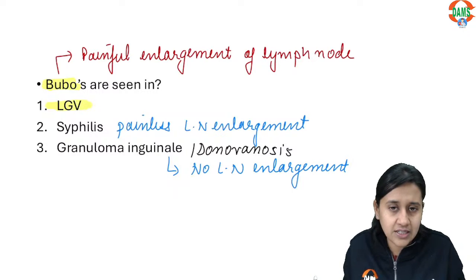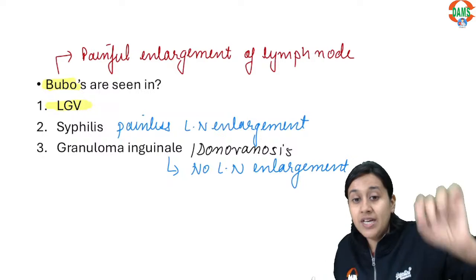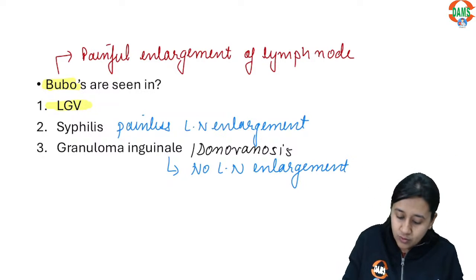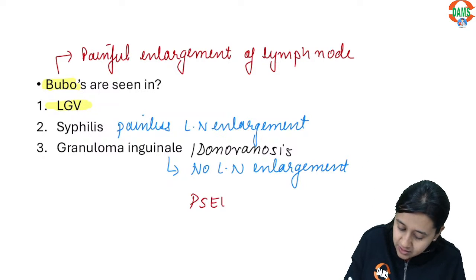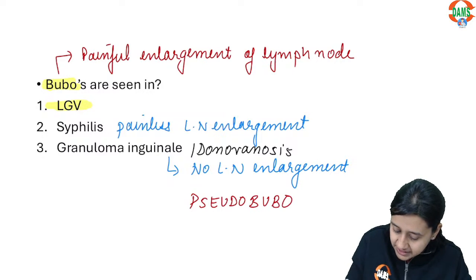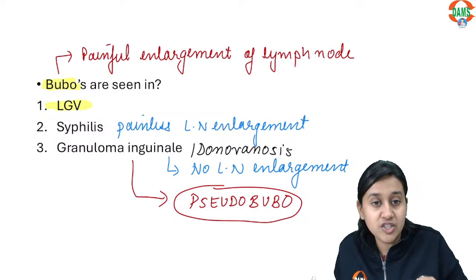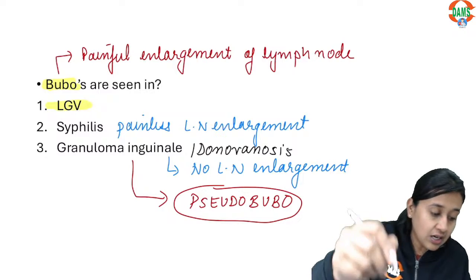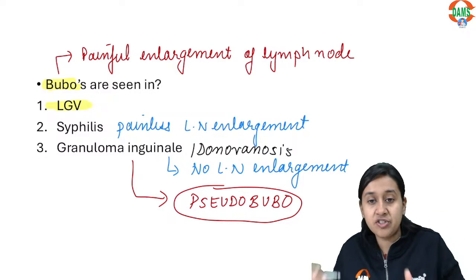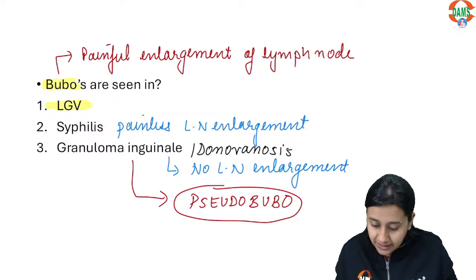What is the name given to that condition? Painful enlargement of the soft tissue in the groin of a patient of donovanosis, that is known as pseudobubo. Okay, so pseudobubo is a feature of granuloma inguinale, while bubo, which is the painful enlargement of the lymph node, among these options, is seen in the patient of LGV, that is lymphogranuloma venereum.